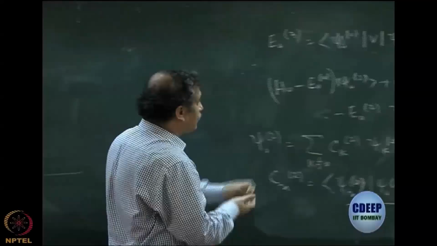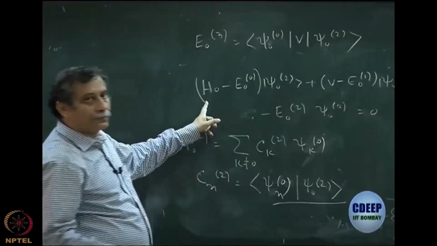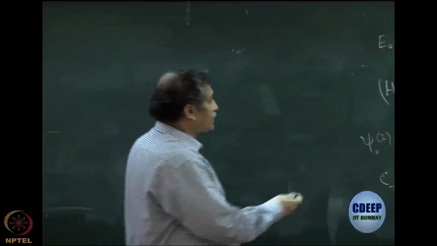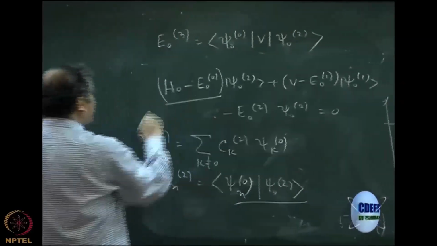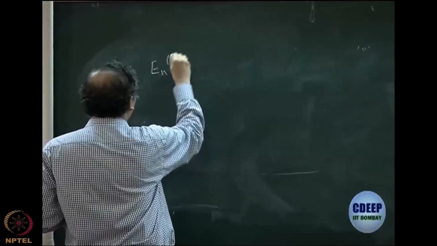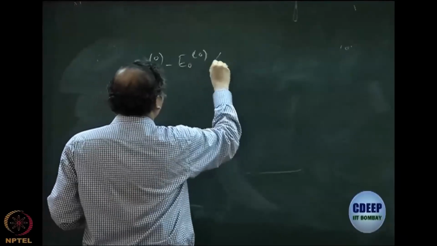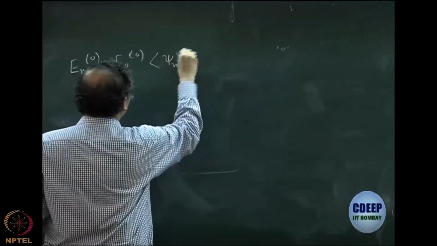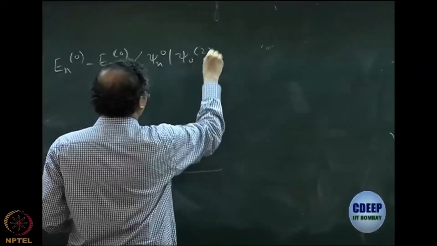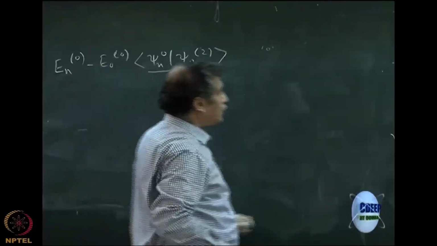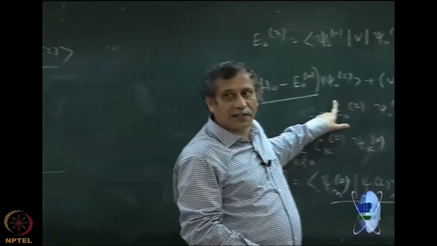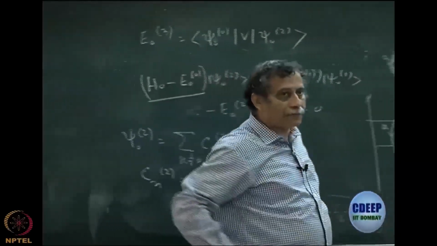So what do I do? I start with this expansion and project with ψn0, okay? So if I project with ψn0, I will first get (En0 − E00)⟨ψn0|ψ02⟩. This is what I want to find out, remember. So that is what I get from the first expression, right? I am projecting with ψn0 from the left.